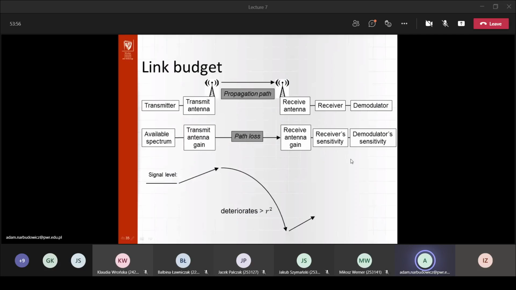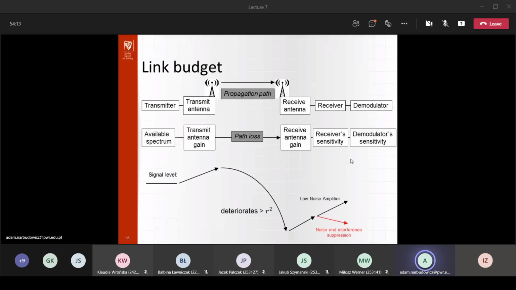So for the purpose of the link budget that we'll be calculating here, we'll simply assume that there is a minimum power threshold for the receiver to be able to perform this communication.